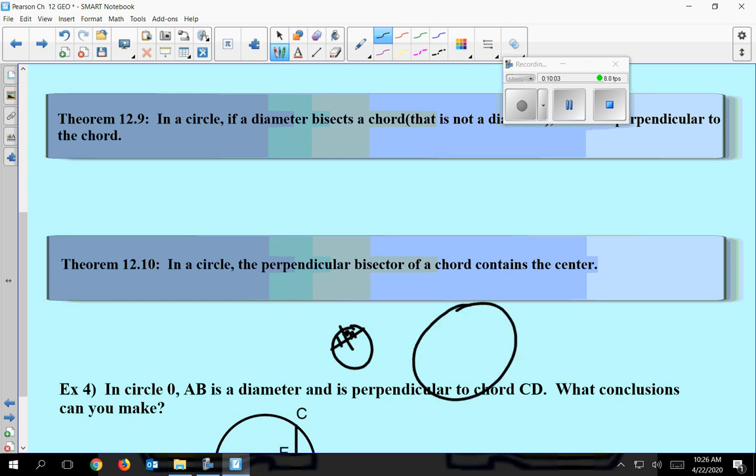Bigger circle perhaps. Chord, perpendicular to it, and it bisects it. It has to go or come from the center for that to work, okay? So I'll get rid of this mess down here, okay? So three theorems, all really kind of saying the same thing. Not really converses, but they're all kind of saying the same thing, okay? And using that picture up above, all right?